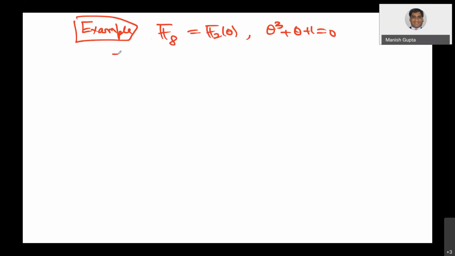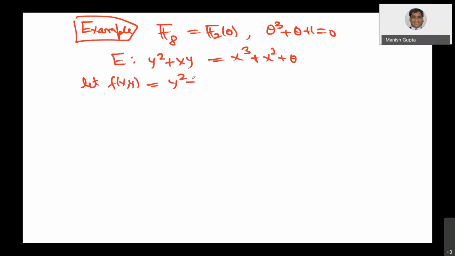Suppose the curve is y square plus xy is equal to x cube plus x square plus theta. Okay. So let f(x, y) be given as y square plus xy minus the whole quantity, but minus is the same thing as plus because the characteristic is 2. So this will be plus x cube plus x square plus theta.